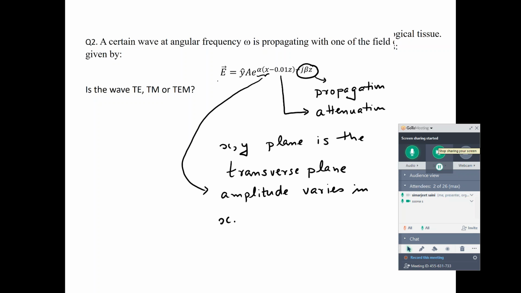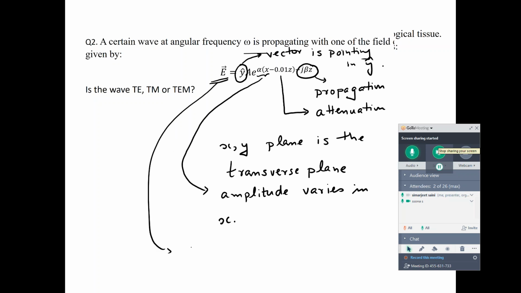So it's telling you you have an electric field. This part here tells me that the vector is pointing in y direction. So this electric field is the EY component, and this EY component has an amplitude variation in x and an amplitude variation in z.